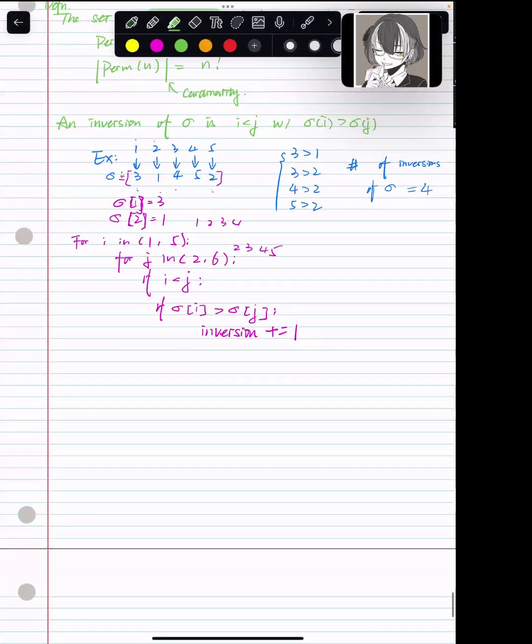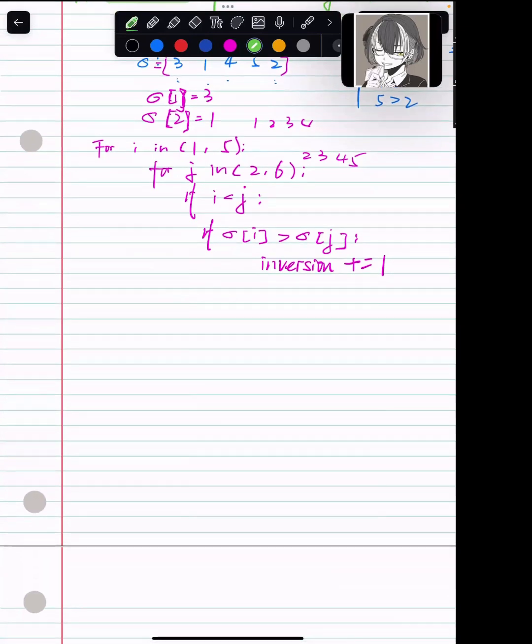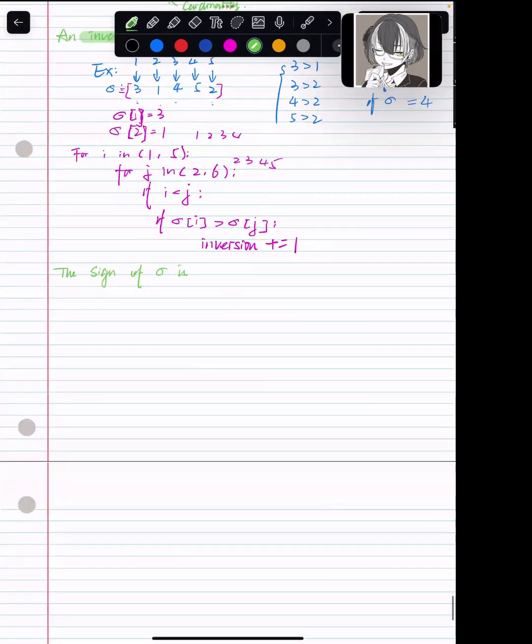So this is the definition of inversion. After the inversion, we introduce the sign of sigma. We define the sign of sigma as -1 raised to the number of inversions.